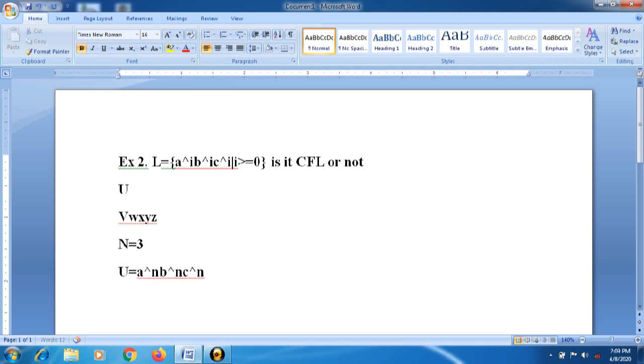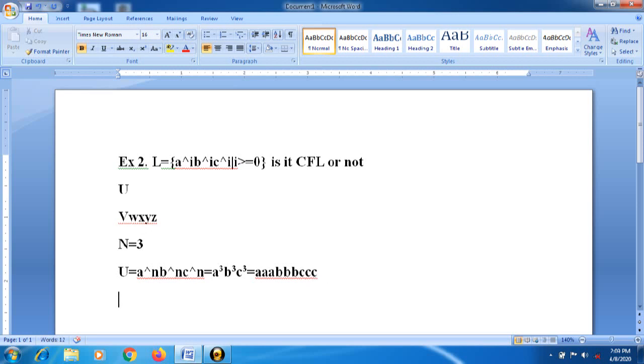So according to that, it becomes a cube, b cube, c cube. It means a raised to 3, b raised to 3, c raised to 3. So the string becomes triple a, triple b, triple c. We have to divide it into 5 parts, that is v, w, x, y and z.